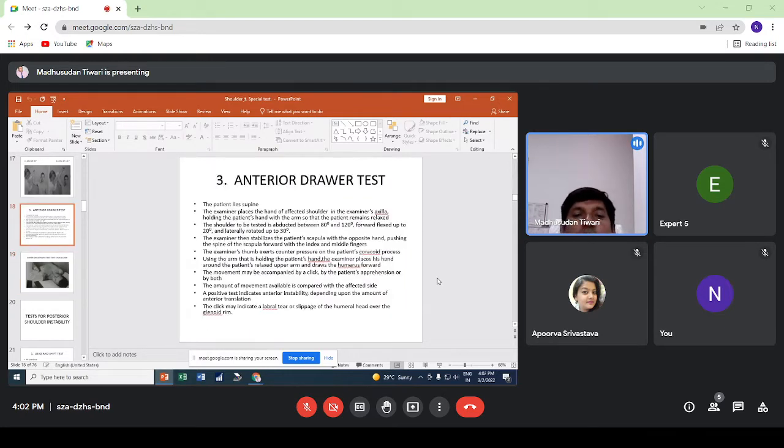The examiner places the hand of the affected shoulder in the examiner's axilla, holding the patient's hand with the arm so that the patient remains relaxed. The shoulder to be tested is abducted between 80 to 120 degrees, forward flexed up to 20 degrees, and laterally rotated up to 30 degrees.